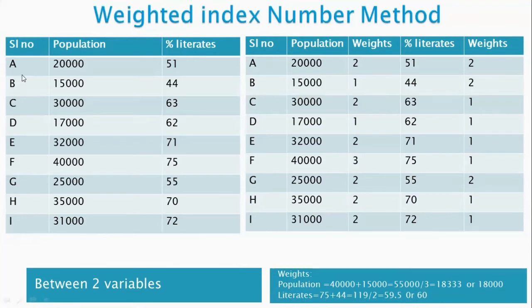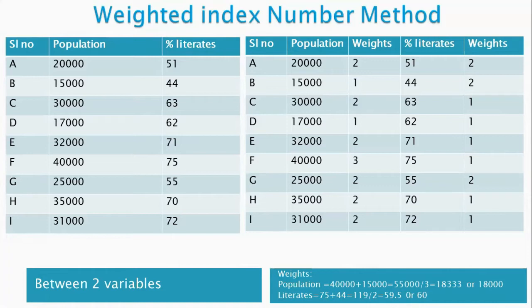So here I have taken A to I, towns, cities, whatever, study areas. For this weighted index number method, first of all, we need to give weights, and these are arbitrary weights. It depends upon the researcher what weight he or she will be giving.